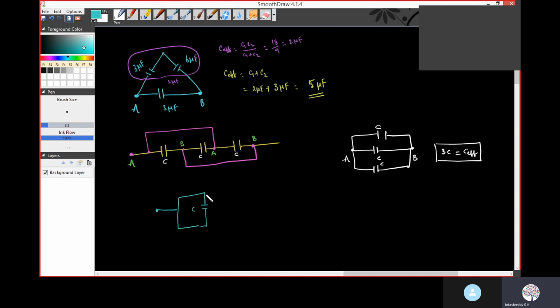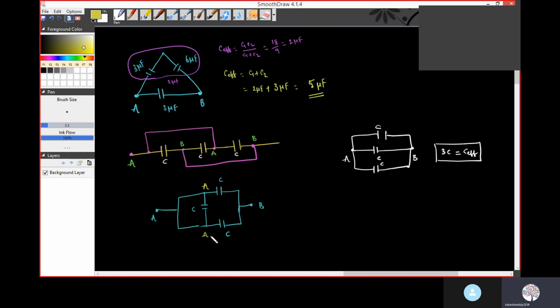If this is A, then this point is also A because it's connected by a wire.